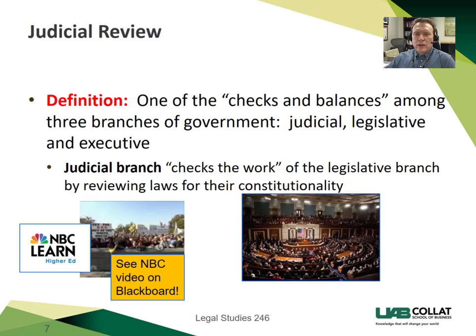The courts have a great deal of power in our system of government. They are the ones who get to decide whether a law lives or does not live. The legislative branch gets to make laws, but if those laws are not considered to be consistent with the United States Constitution by the judicial system, then the law is struck down.